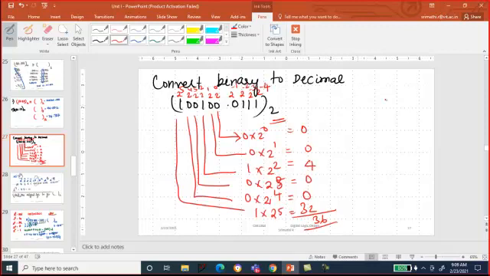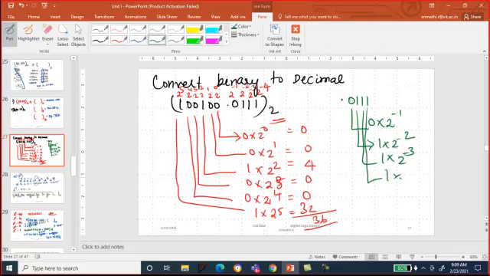Okay. And coming to the fractional part, 0.0111. So it is 0 into 2 power minus 1, 1 into 2 power minus 2, 1 into 2 power minus 3, and again 1 into 2 power minus 4.